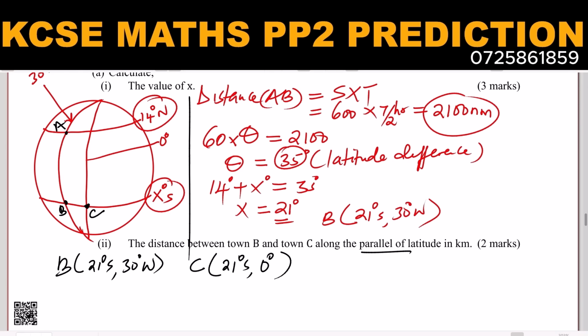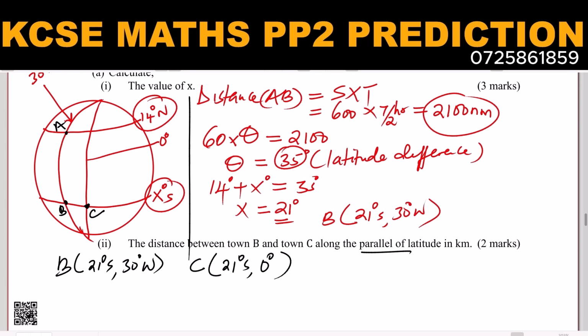From C via the South Pole then to D, that will be distance along the great circle. And how do you get the distance along the great circle? Distance CD along the great circle will be given by 60 multiplied by theta. So this will be 60 multiplied by theta, where theta is the longitude difference, which we found to be 164 degrees.